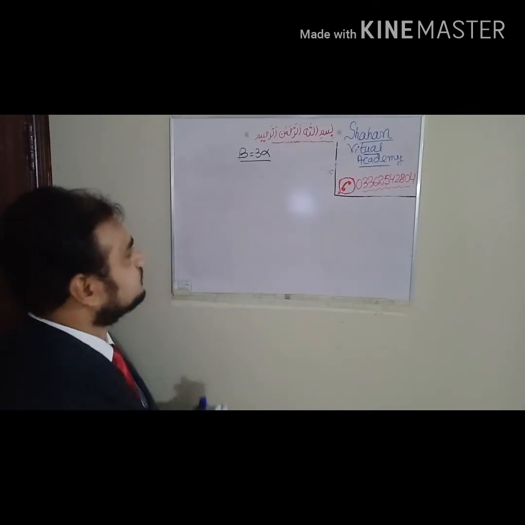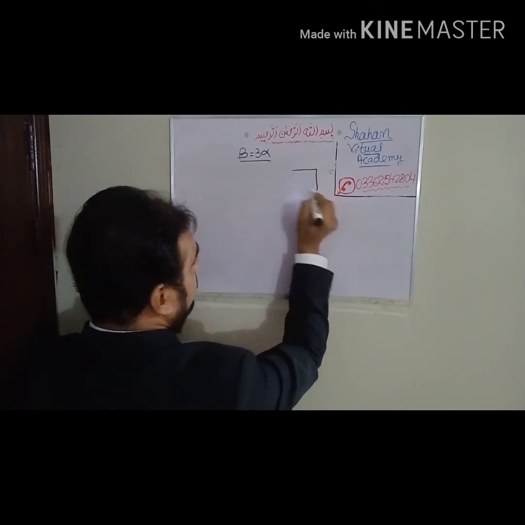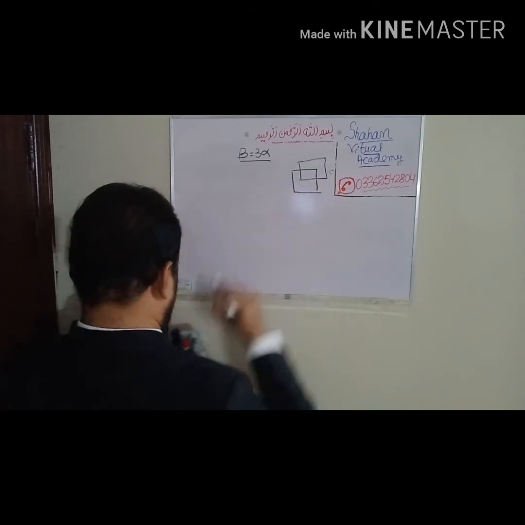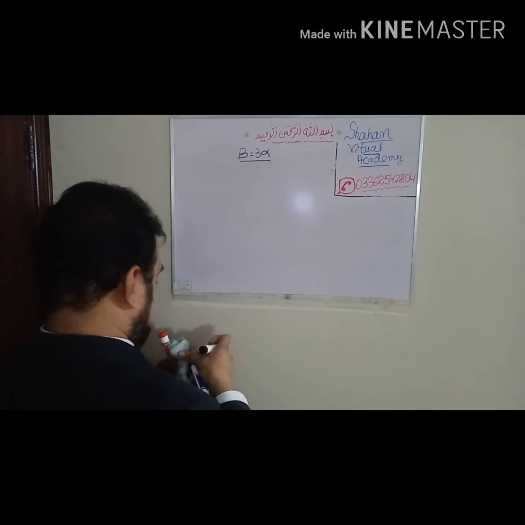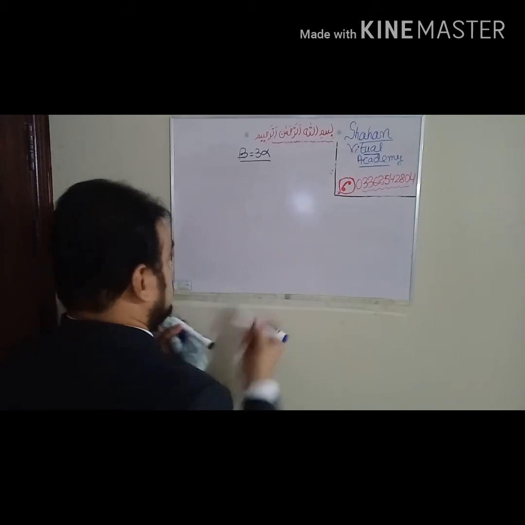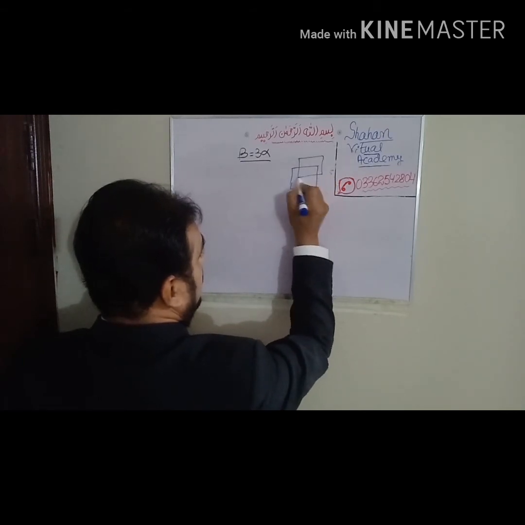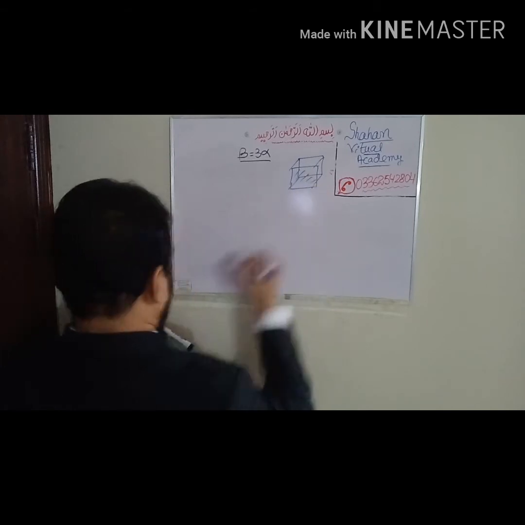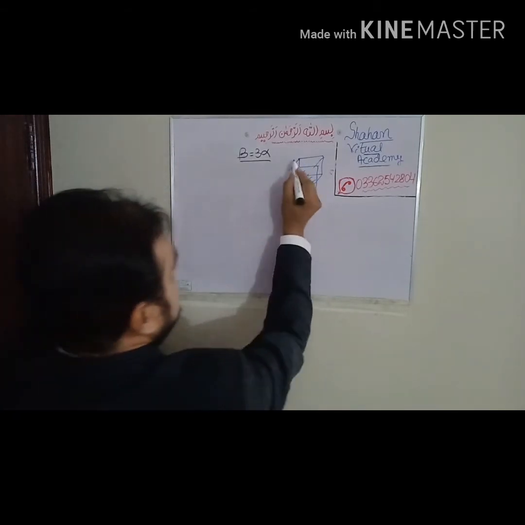So simple. Let's suppose there is a cube. Let's derive it. In a cube, this is the length.